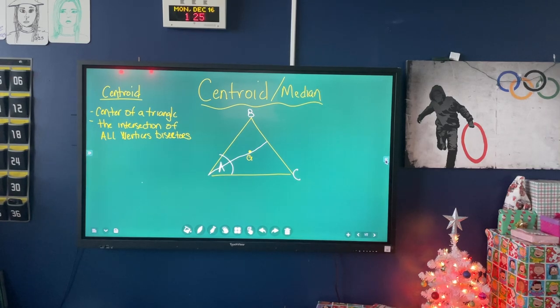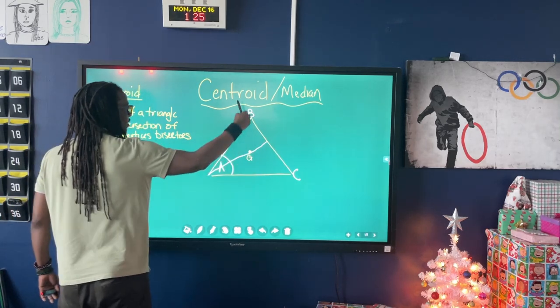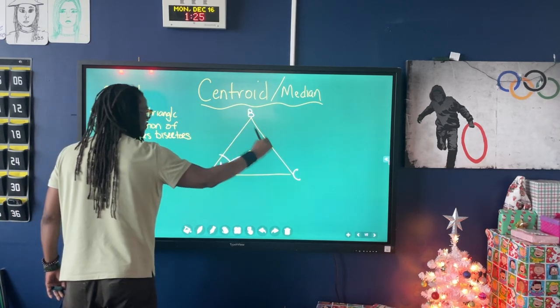So whichever angle you're bisecting or splitting in two, it's going to hit the midpoint of the side across from it. The segment across from angle A is BC.